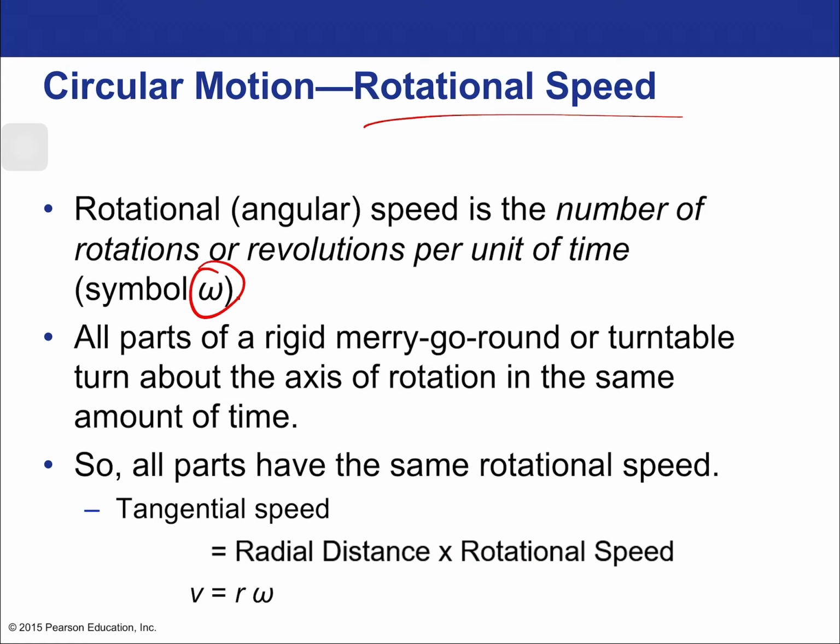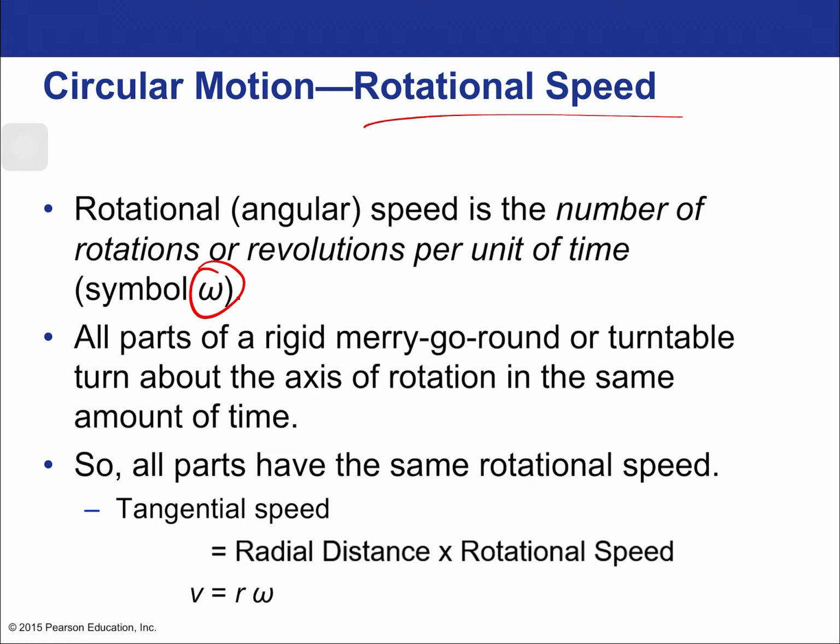It's not like some parts of the turntable or merry-go-round or car wheel can lag behind other parts. The whole object must make a full rotation in the same amount of time. That's why omega, unlike v, describes the entire object. Because clearly, v doesn't, because points close to the circumference are moving faster than points closer to the center or the axis of rotation. All right?